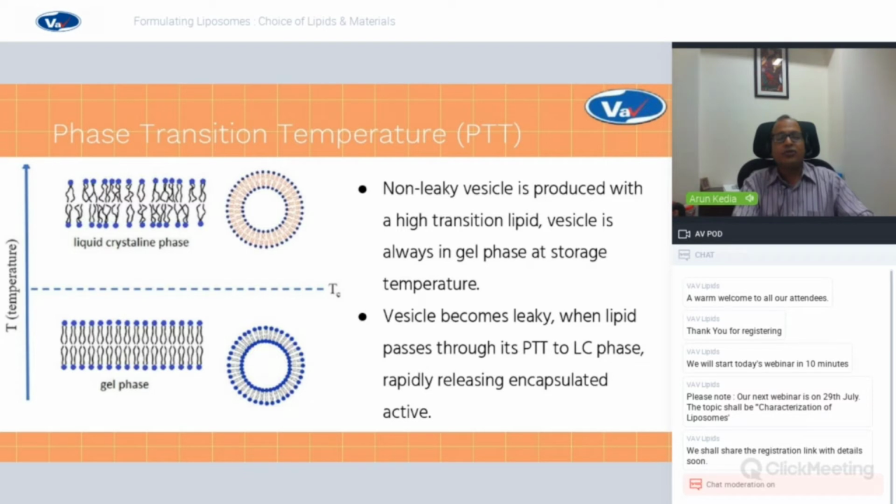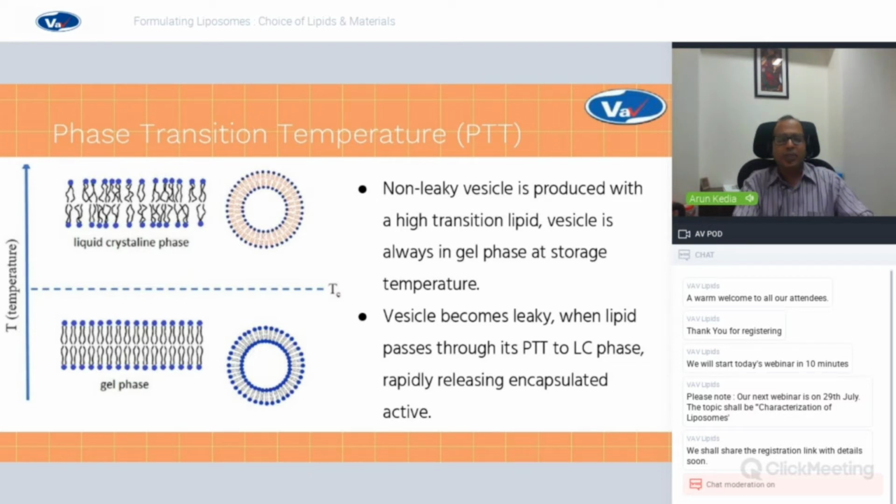And what is the impact? You can have a non-leaky vesicle produced with a high phase transition lipid. The vesicle is always in the gel phase at storage temperature, and preferably in the liquid crystalline phase during release. But this is a debatable statement.